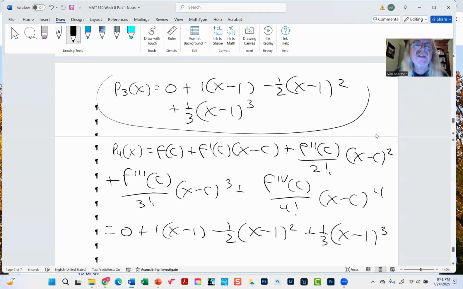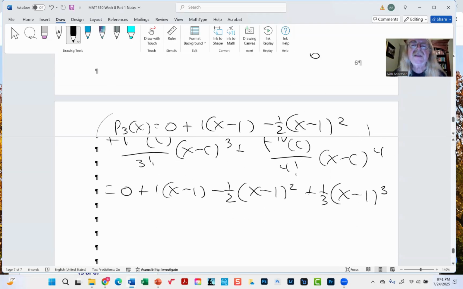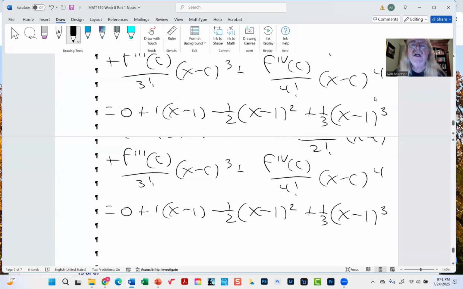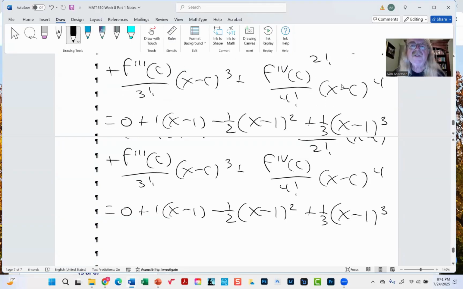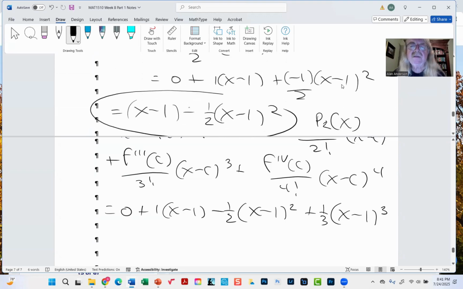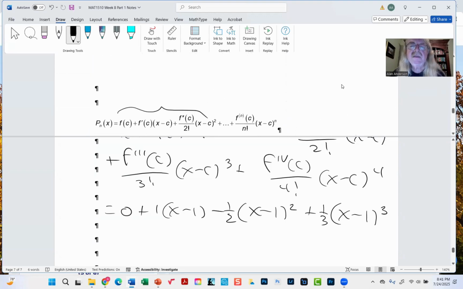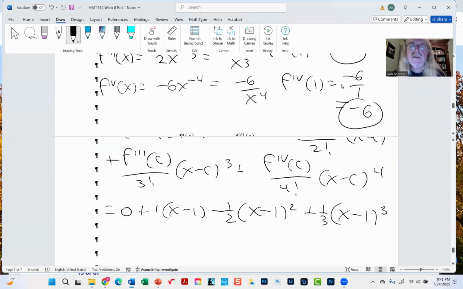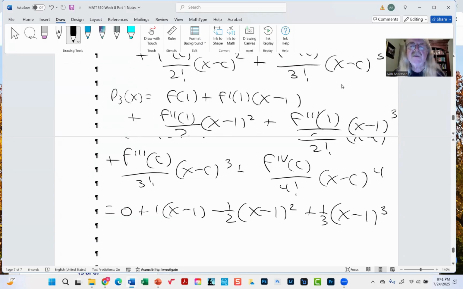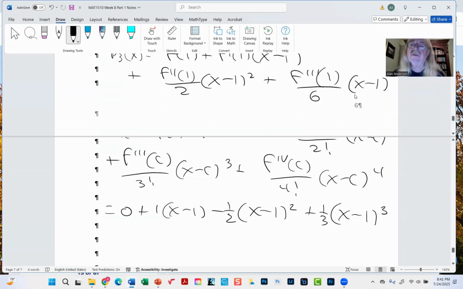Now it's the last piece that's missing, and that's going to be the fourth derivative evaluated at 1, which is from up here, -6, okay? So we're going to have -6 over 6, so it's actually minus 1.